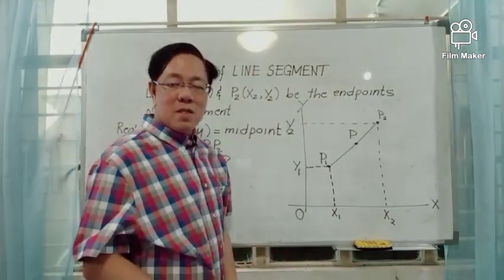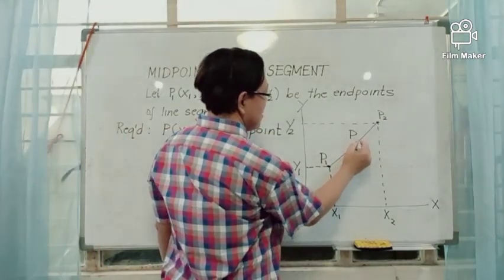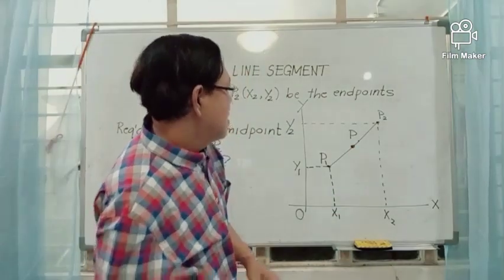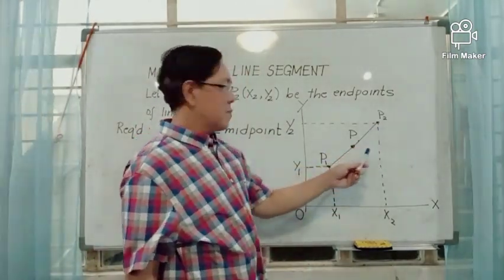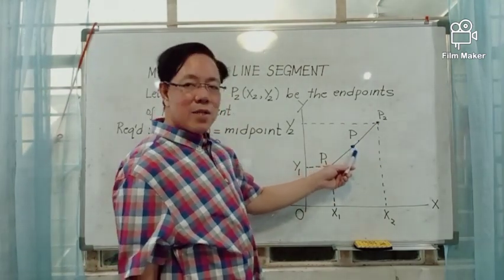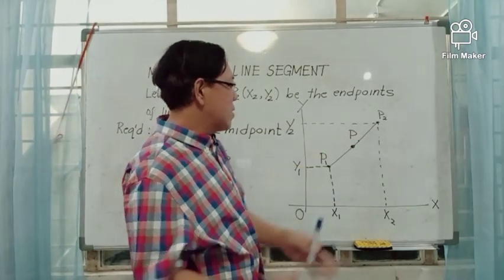We also do the same for the midpoint P. The midpoint P is halfway between P1 and P2. The point P must be exactly at the center, at the midpoint of P1 and P2.